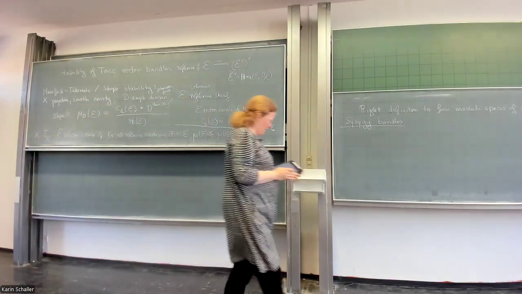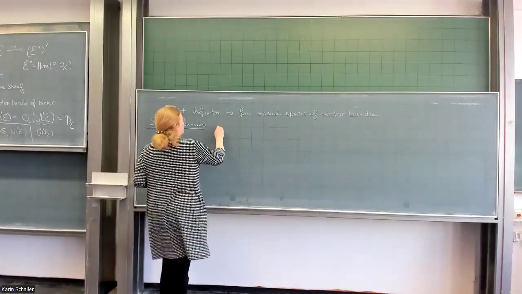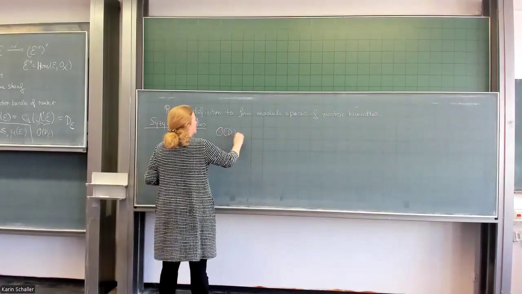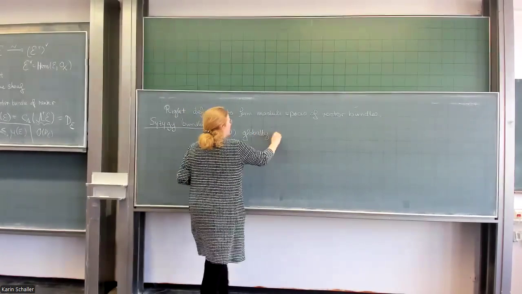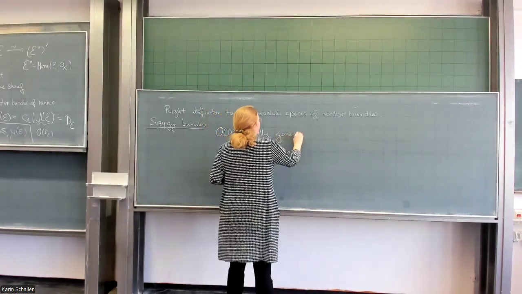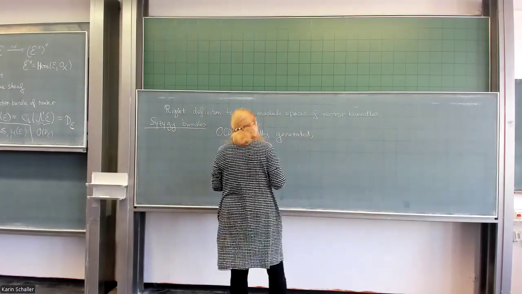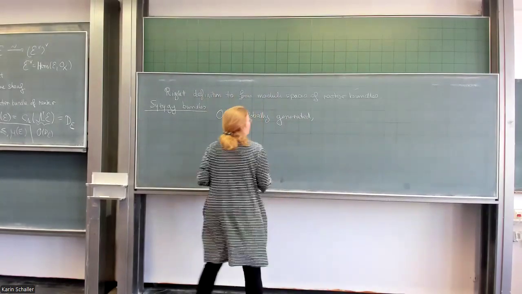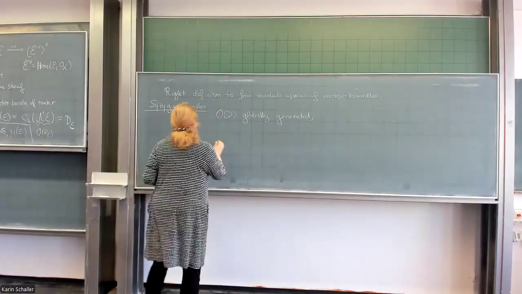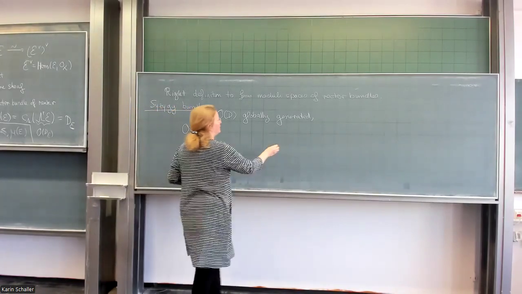Okay, so what are syzygy bundles? So if you have O of D globally generated, then we define M_D and make it a short exact sequence.